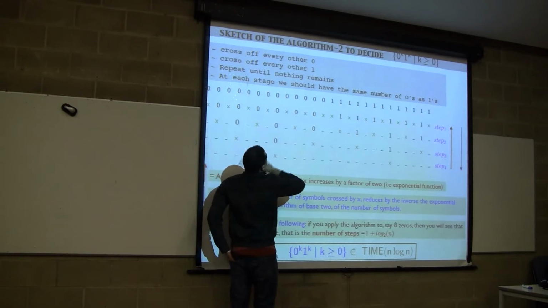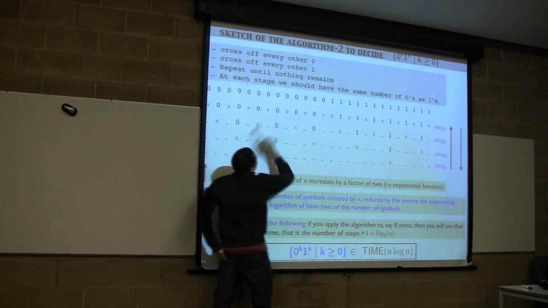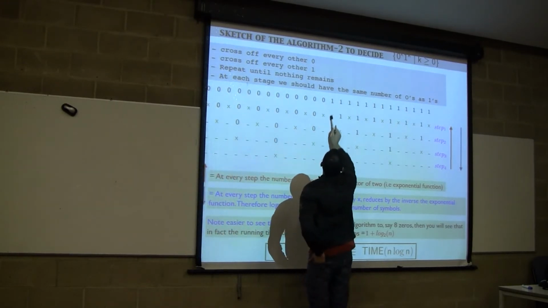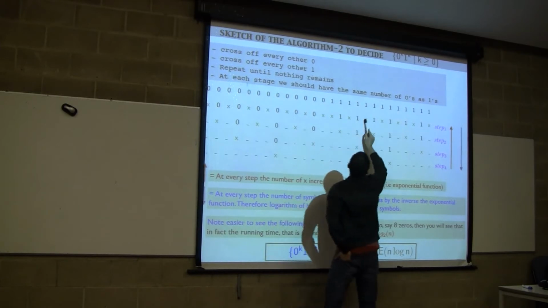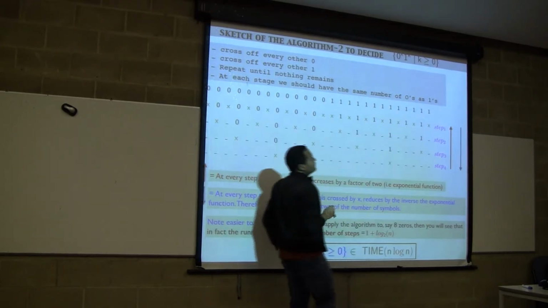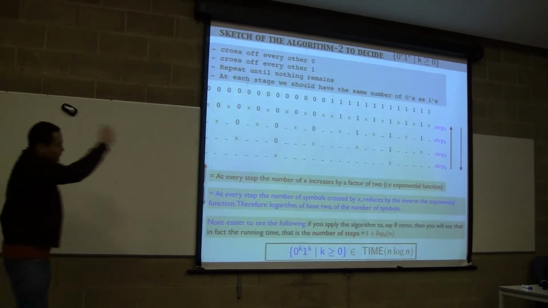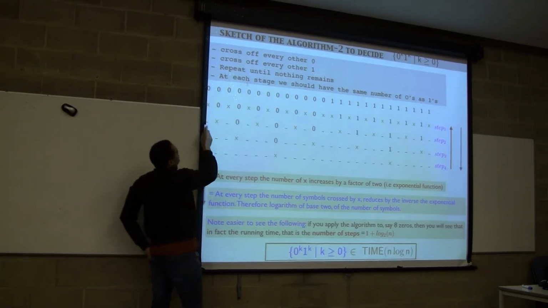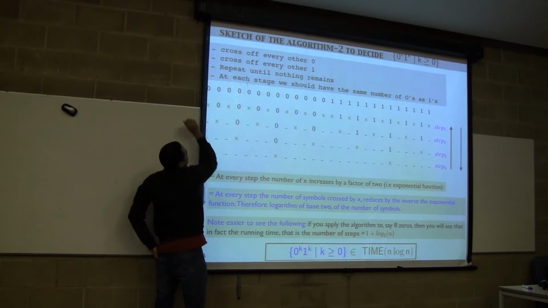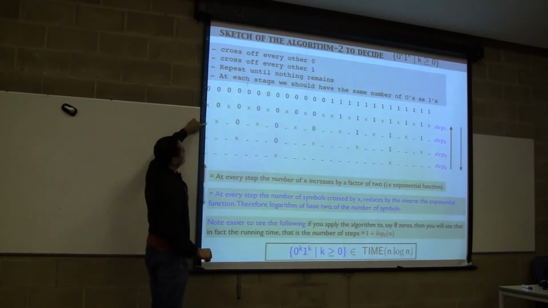And I do exactly the same for the 1s. I cross every other one up until the final step. So that's the first step, and I go through the next loop and do exactly the same. Every x I just maintain as it was, so as not to confuse.